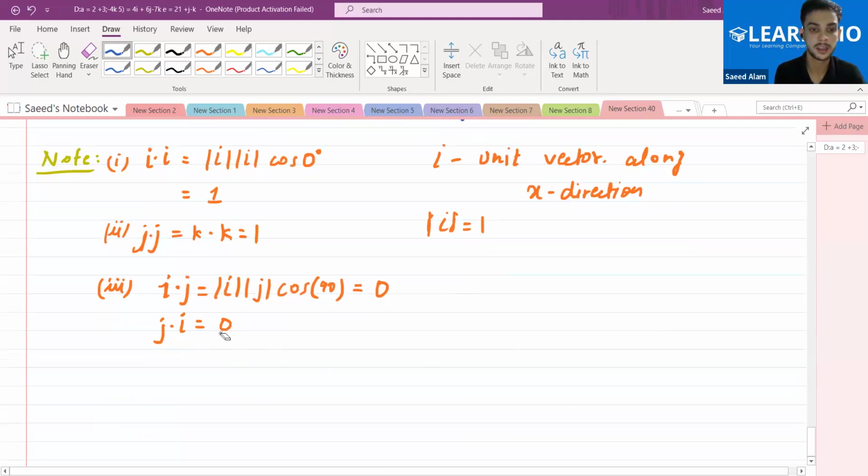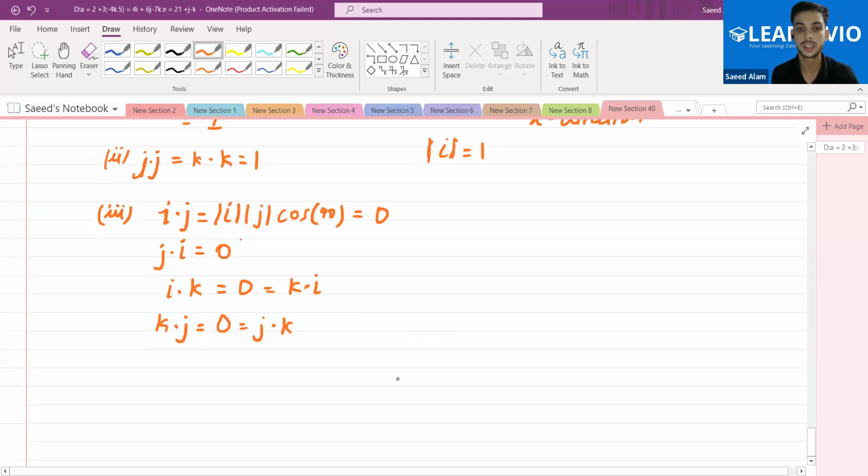So J dot I is 0, we just found that out. And what will be I dot K? 0, the same as K dot I. And K dot J will be 0, the same as J dot K also. So I'm summarizing all of this in one statement form.